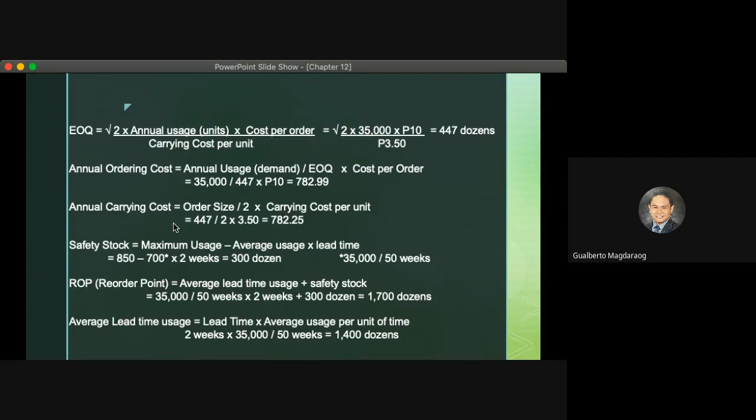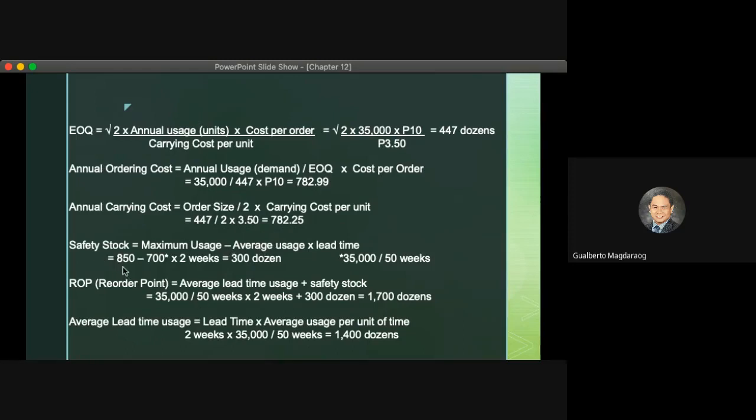For the carrying cost, that's the average ordering units 447 over 2 times the carrying cost per unit, that's 350, equals 782.25. So we have a little difference on the centavo here, probably because of the rounding of numbers. But as you can see, ordering cost and carrying cost are equal in the EOQ level.